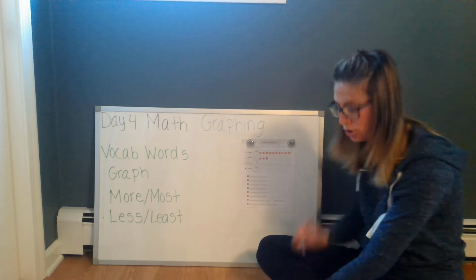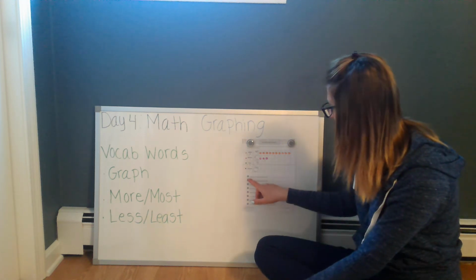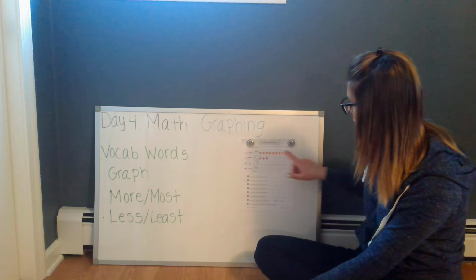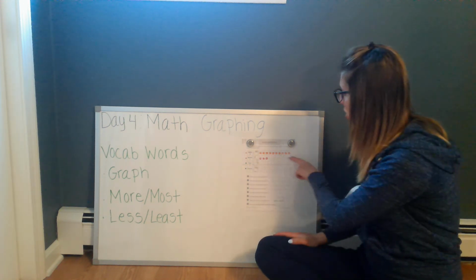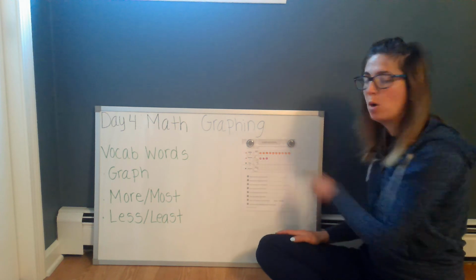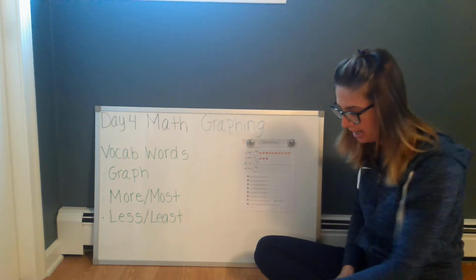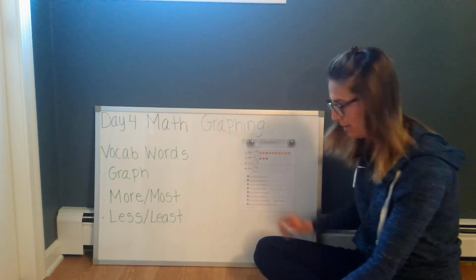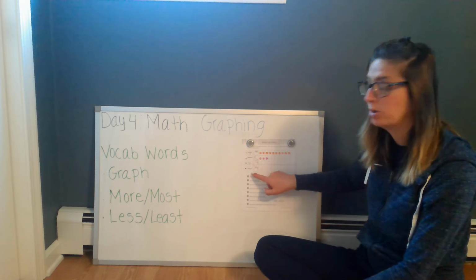I'm going to answer 2 of the questions with you. Number 1 says, what is the most popular fruit? So what you would do is look up here and see which fruit has the most colored in. The one that has the most colored in would be apples. Now remember, you also need to fill in the pears and the oranges when we're done with the video.